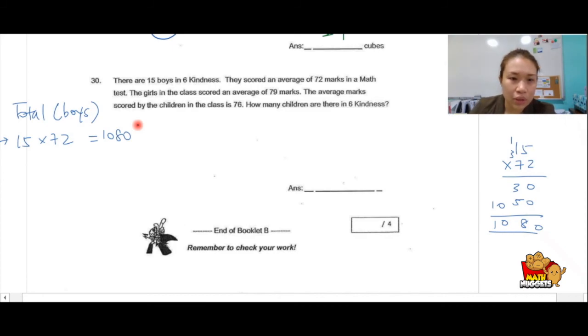And the girls scored an average of 79. But we don't know how many girls there are. So let me try to draw a diagram for this.